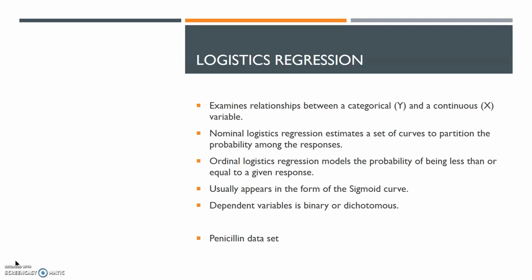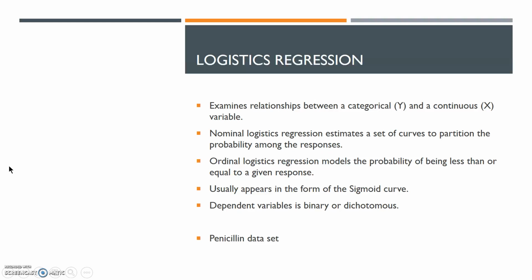And whenever we plot these, with linear, just in the word, it's a line. So when you plot these, you see that with linear, it's a straight line, because most times it's dealing with two variables. But with logistic, what we see is that they appear in the form of an S-curve or a sigmoid curve. And then dependent variables are binary or dichotomous.